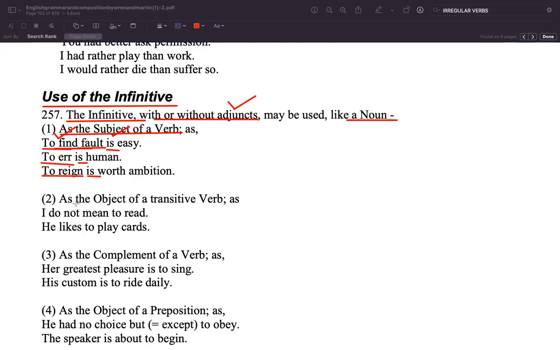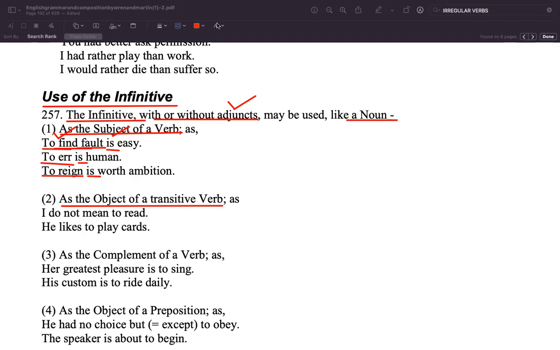It can also be used as the object of a transitive verb. Transitive verb means what? For your simple understanding, if you find any whom or what present after the verb, or an infinitive used after the verb, the verb in the sentence can be known as a transitive verb.